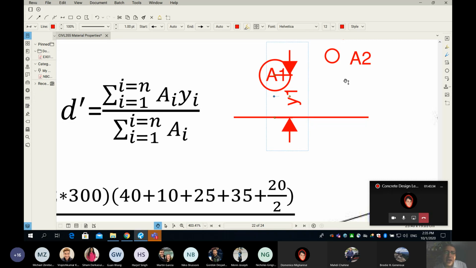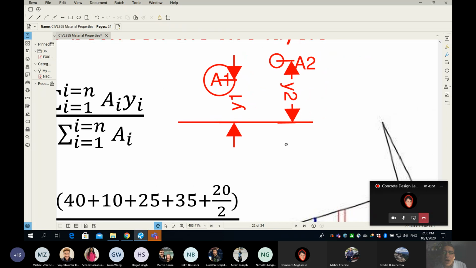Next I need to add to that A2, so dimension line, and then A2 multiplied by how far it is from the same datum. So this will be Y2. Now let's apply this equation to this simple problem.